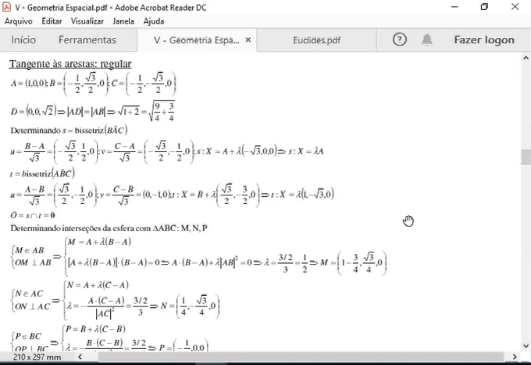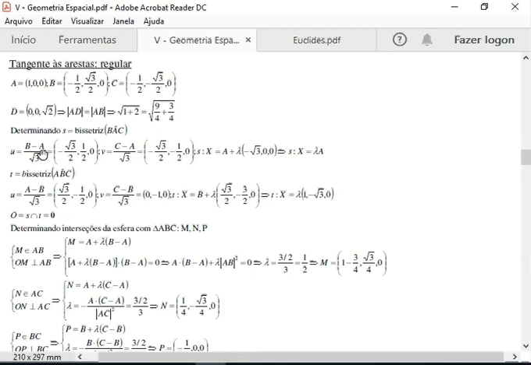We know that A is (1, 0, 0), B is (-1/2, √3/2, 0), C is (-1/2, -√3/2, 0), and D is (0, 0, √2). The distance from A to D is √3. The distance from A to B is √3. Let's determine the bisector of BAC.